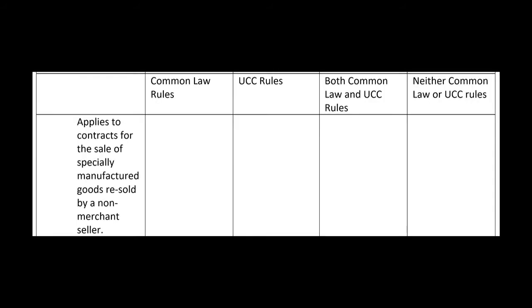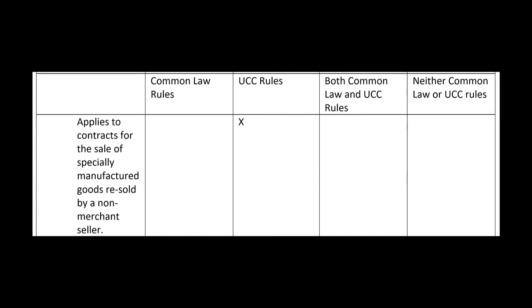All right, let's try this one. It says applies to contracts for the sale of specially manufactured goods resold by a non-merchant seller. Well, the minute you see goods involved, you know it's going to be the UCC rules, not the common law rules. So put an X under UCC rules, because the UCC rules apply the minute you're selling goods, whether the goods are custom made, specially manufactured, or just ordinary everyday goods, whether they're sold by a merchant seller or a non-merchant seller.